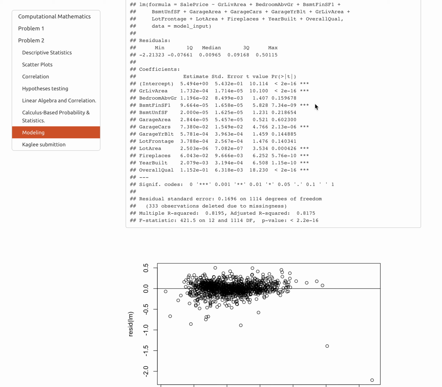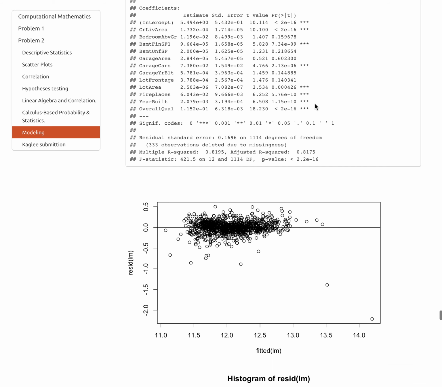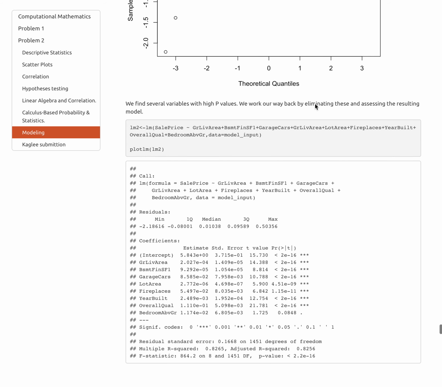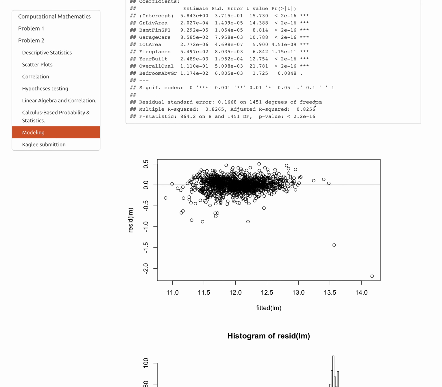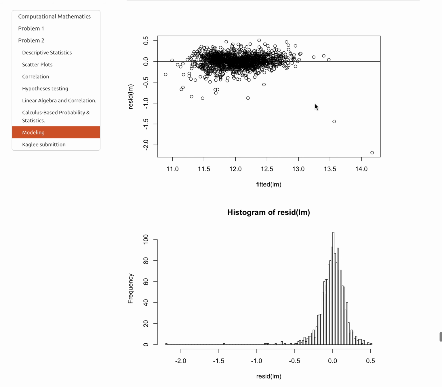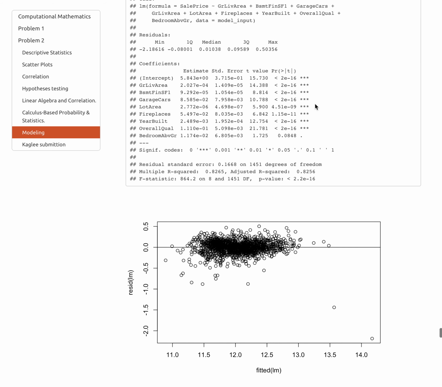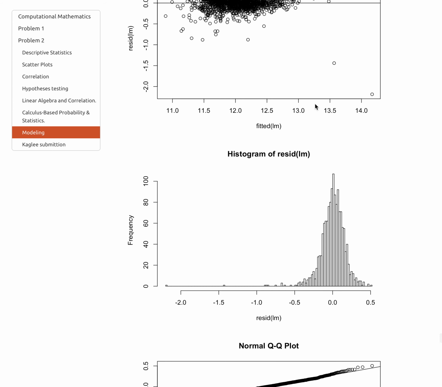So ran a second model without those variables, and obtained again a model with pretty good residuals. But I actually ran a third model, eliminating some other features from it. Basically eliminating one more, but basically got the same results.